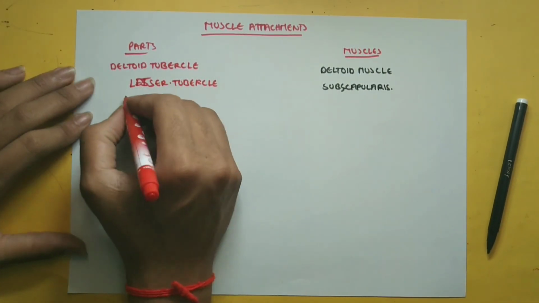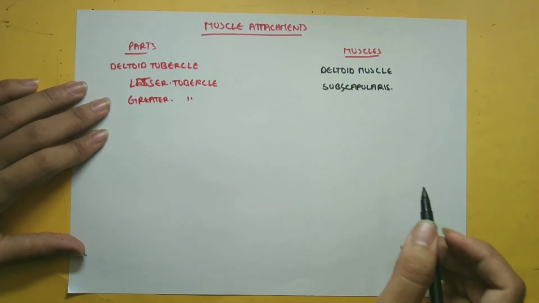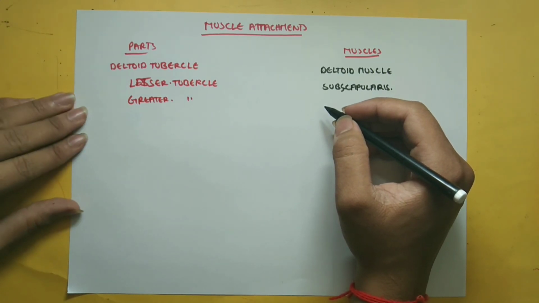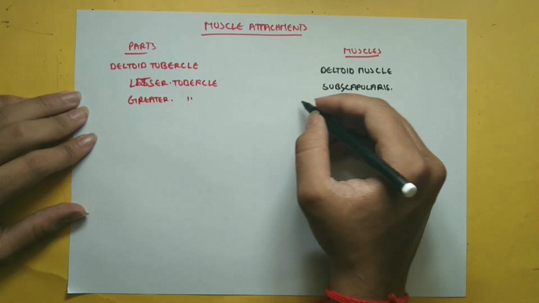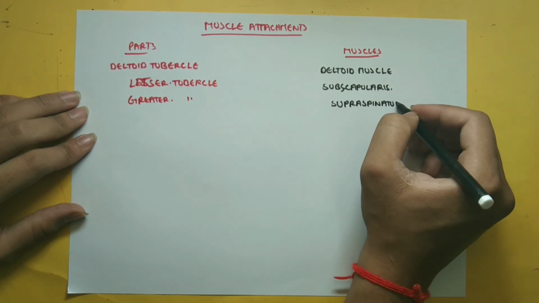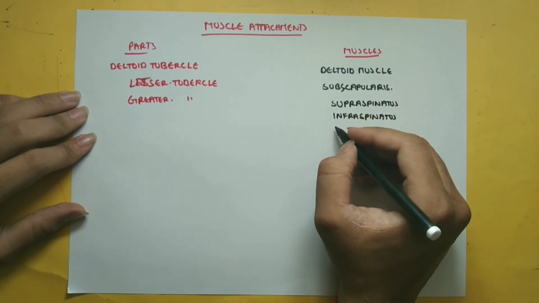And the greater tubercle. It gives attachment for three muscles. What are those? Supraspinatus, infraspinatus, and teres minor.